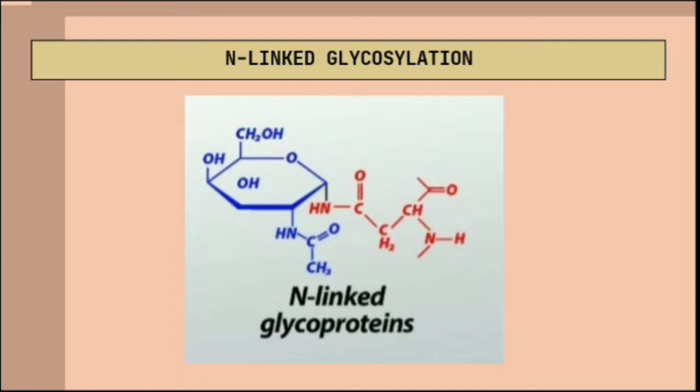In other words, N-linked glycosylation refers to the attachment of an oligosaccharide sugar molecule, which is the blue one, to a nitrogen atom in the asparagine residue of a protein molecule, which is the red one.